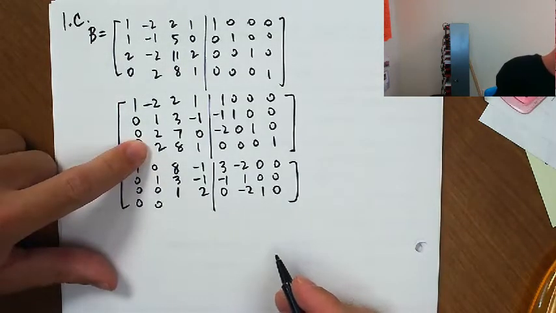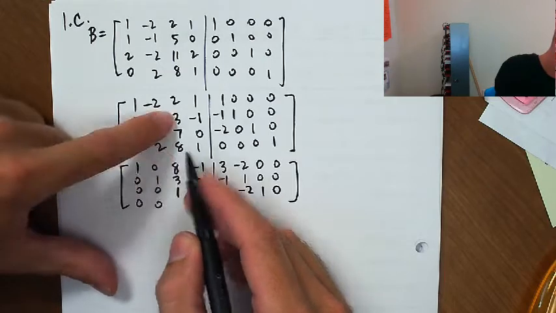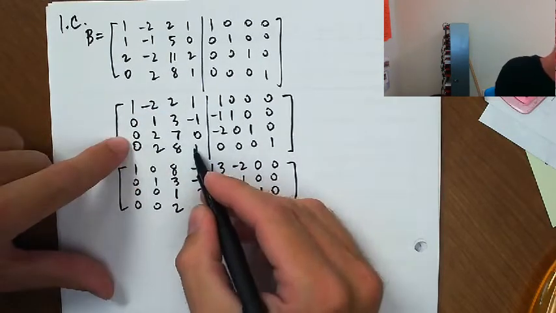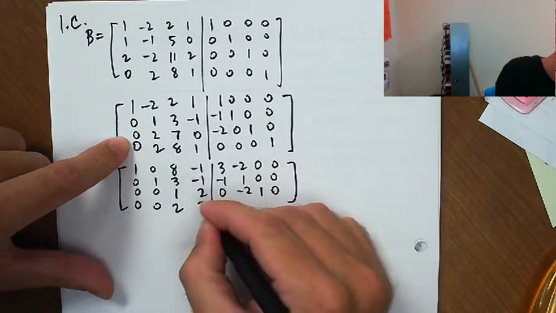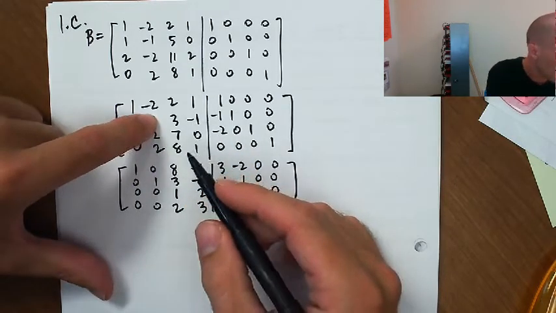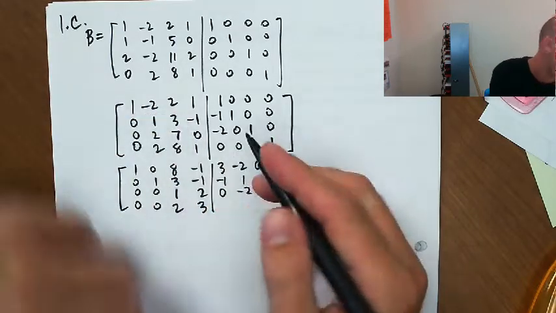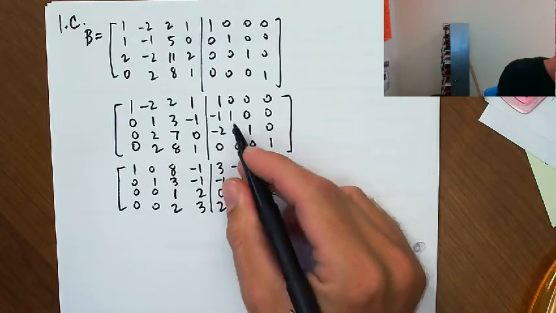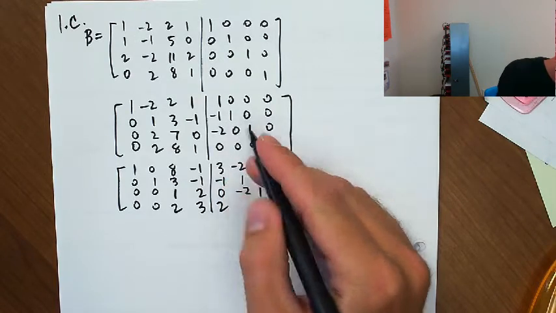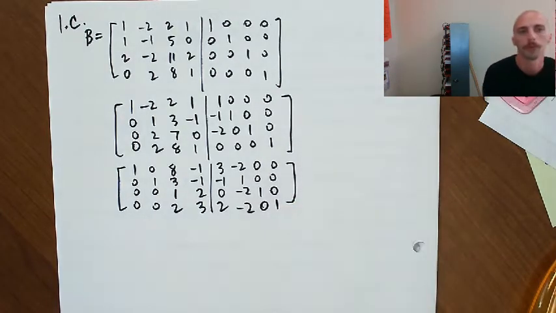And then down here in the last row, I subtracted 2 of these. 8 minus 6 is going to be 2. 1 plus 2 is going to be 3. Make sure: 2 minus 2, 8 minus 6, 1 plus 2. So I'm subtracting 2 row 2s from each of these.